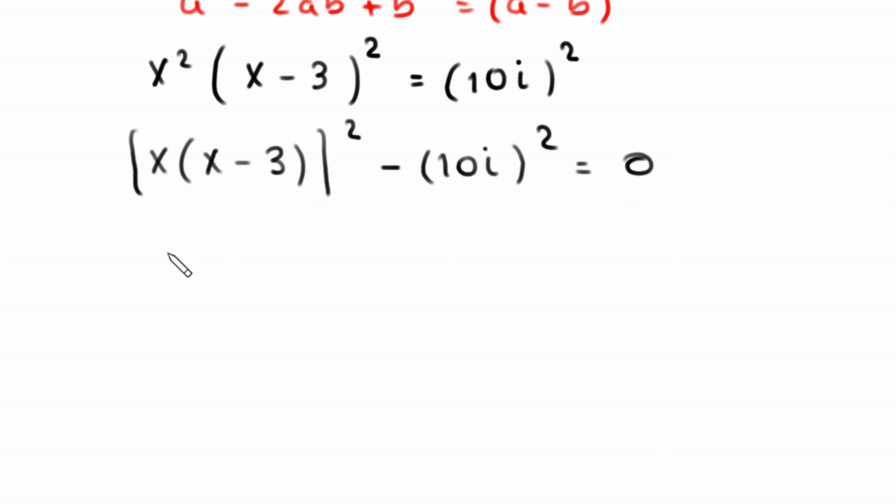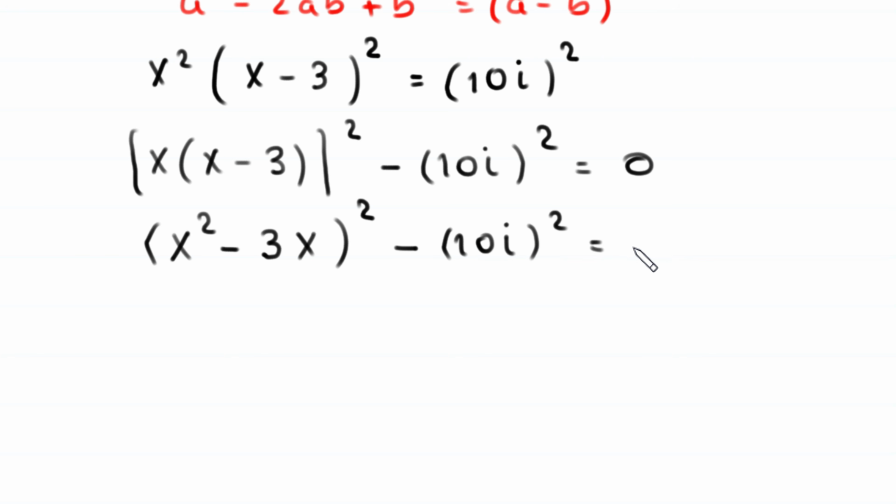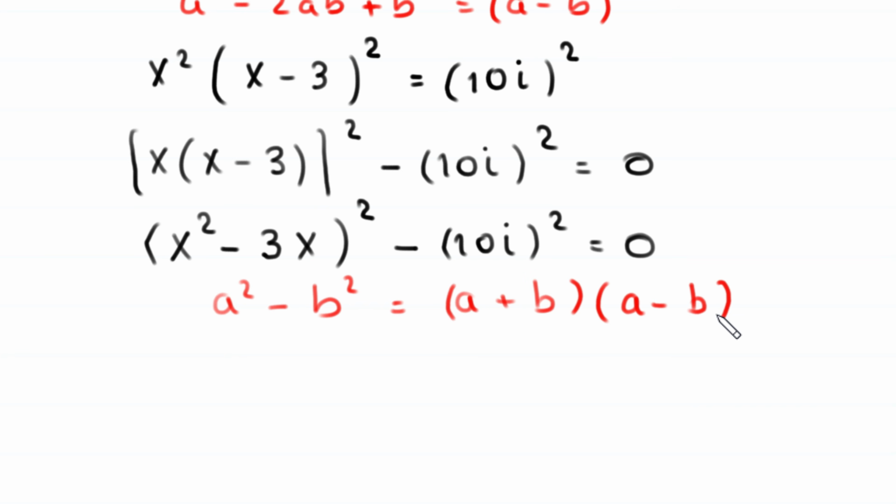Further simplify, this will become x times x squared and x times negative 3, negative 3x, whole squared minus 10 times i whole squared equal to 0. We have a difference of two squares, so we use this algebraic identity a squared minus b squared equal to a plus b times a minus b.